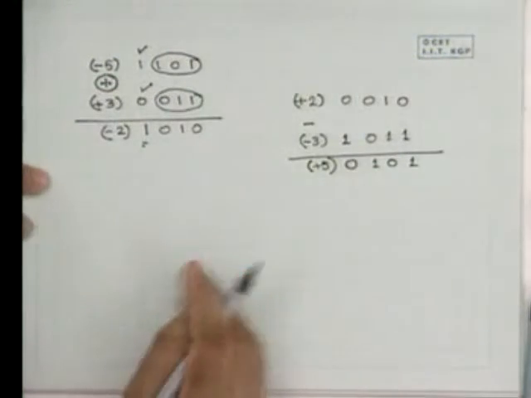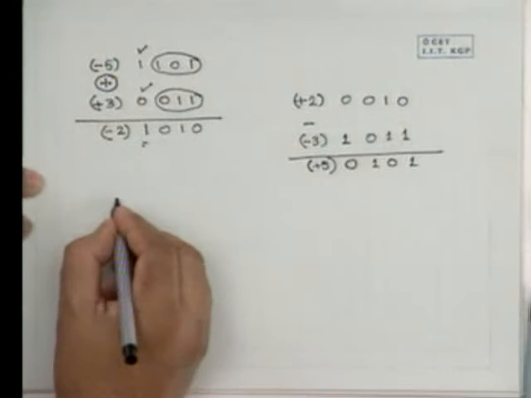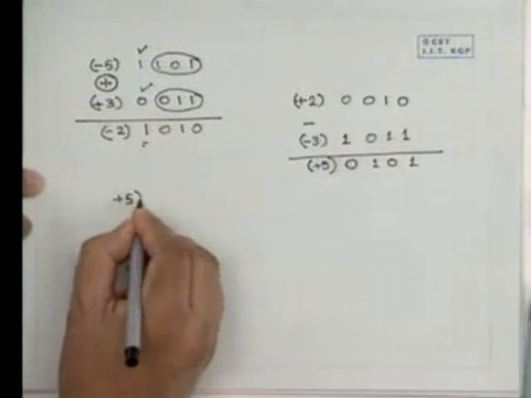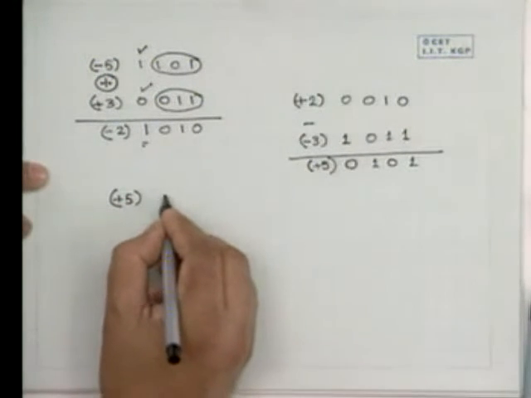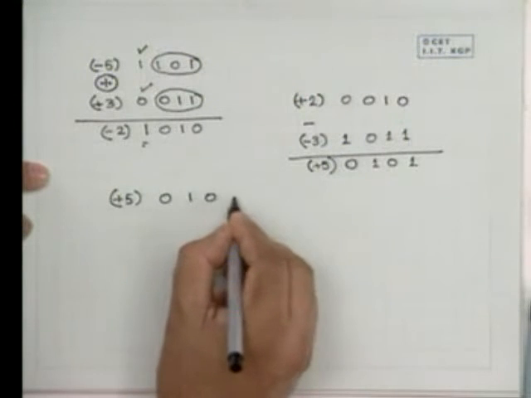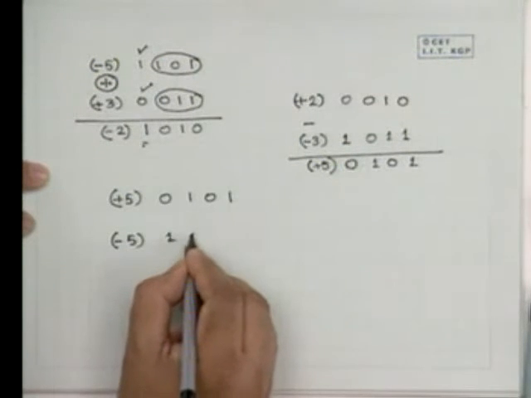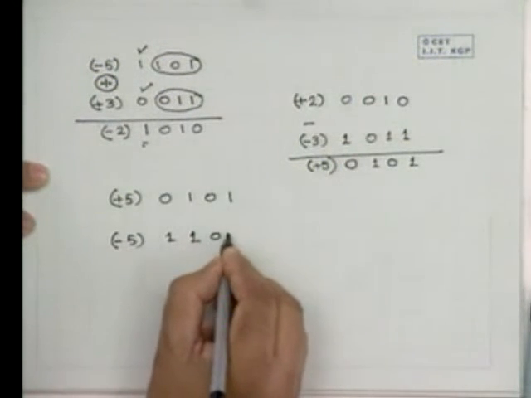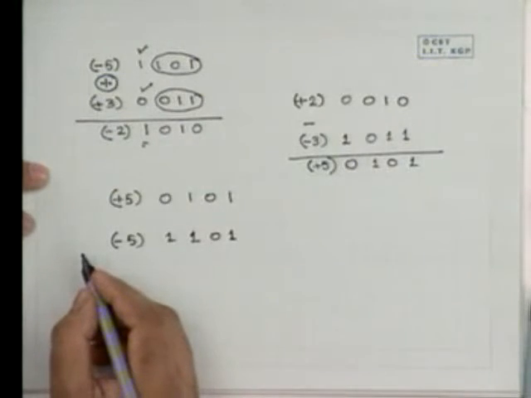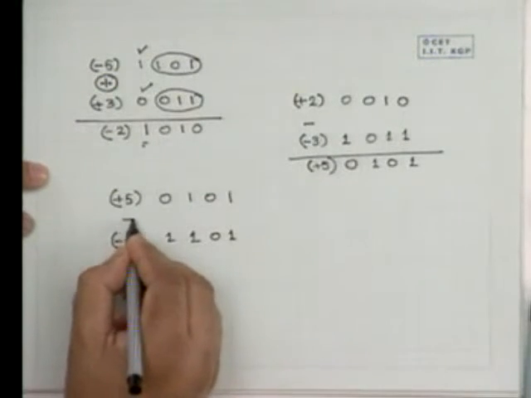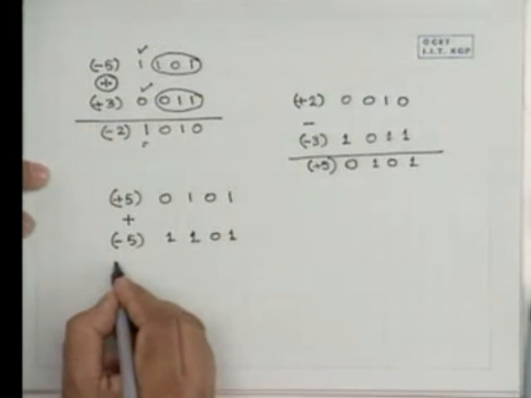Okay. Let us take a third example, say plus 5, which is our 0 1 0 1, and minus 5, which is 1 1 0 1, and the operation that we desire to perform is plus.